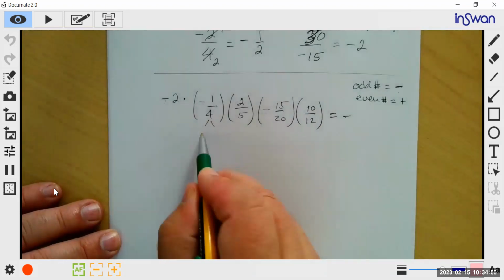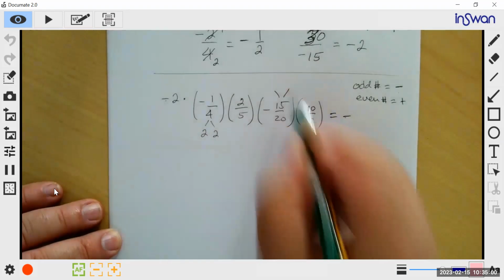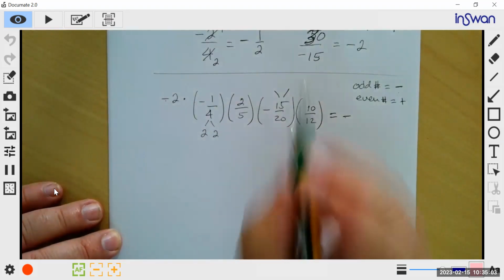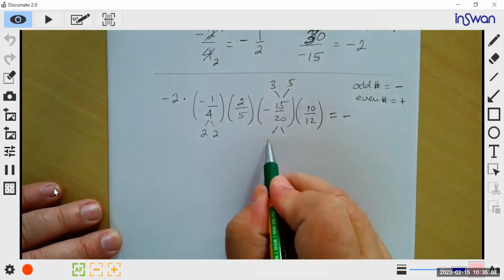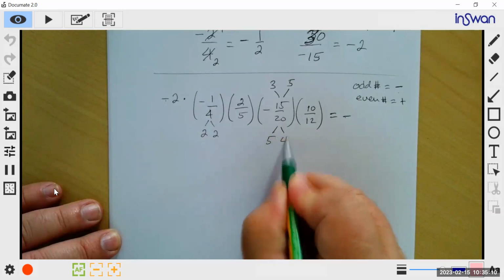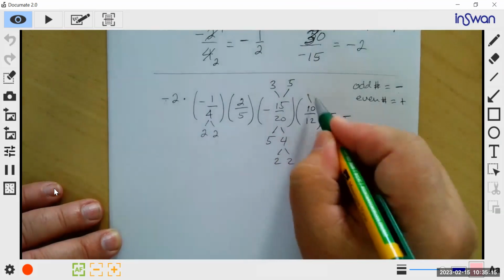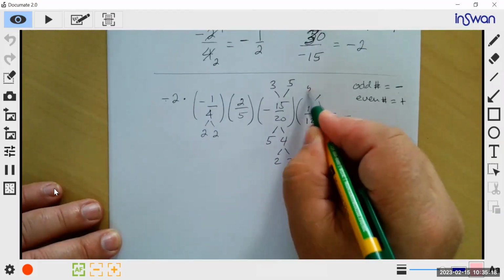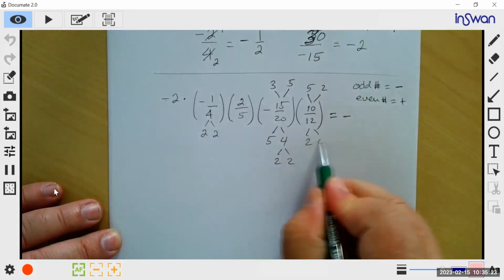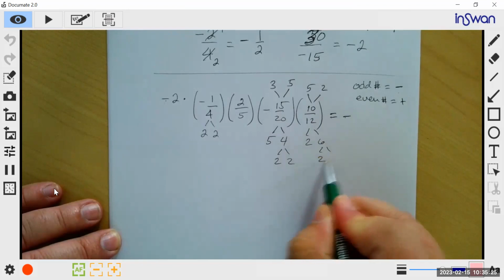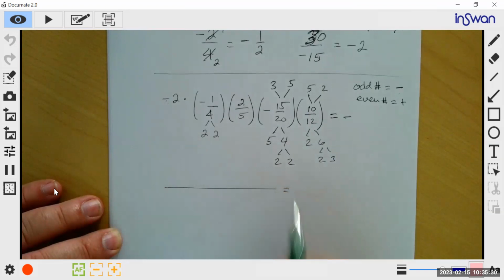So 4 is made up of what? 2 times 2. 15 is made up of what? 3 times 5. 20 is made up of 5 times 4. 4 is made up of 10 is made up of 12 is made up of 2 and 6. 6 is made up of 1.